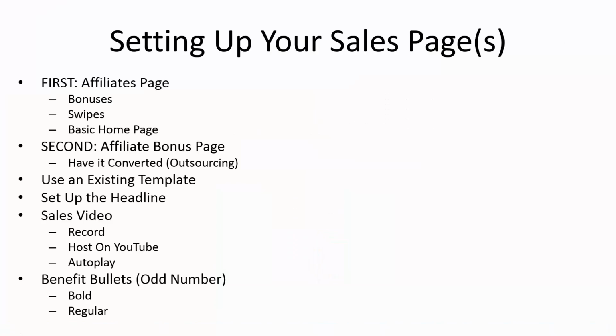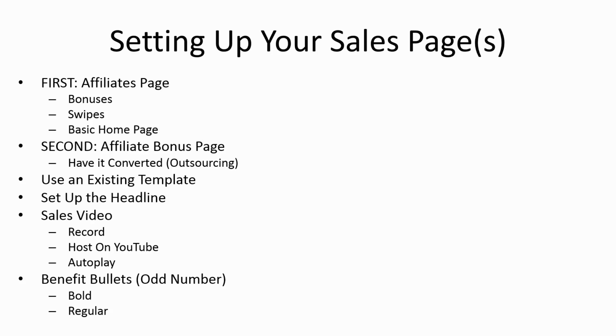All right. What you're going to do then is put some benefit bullets in there. It is standard among copywriting that you want to use an odd number of benefit bullets. So if you're going to have 12, write a 13th. I don't know if there's something psychological about that or not, but try to have an odd number.